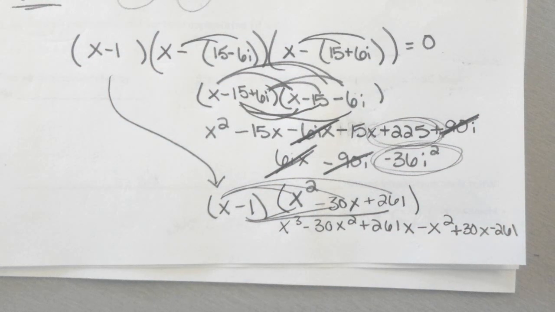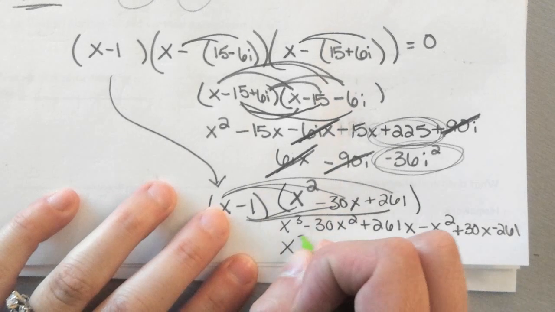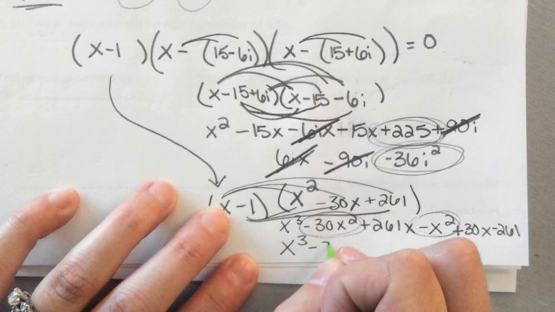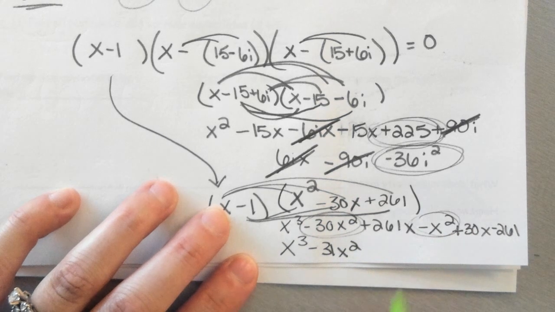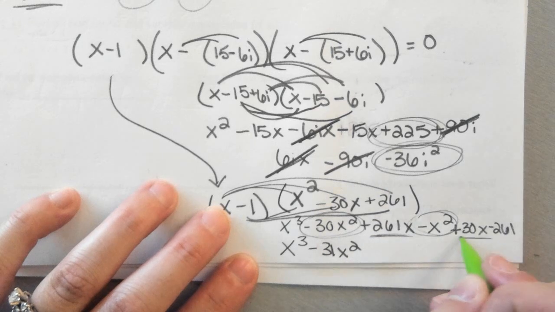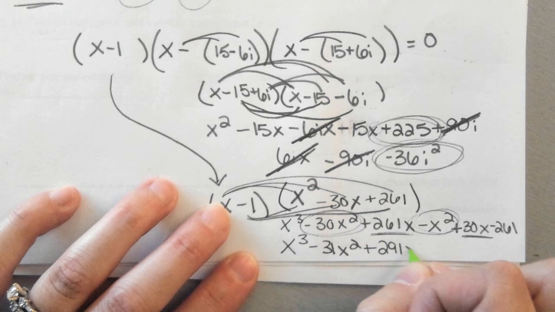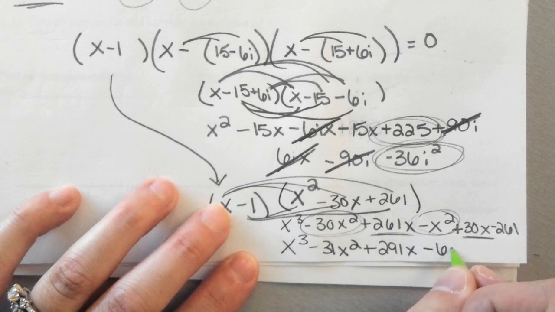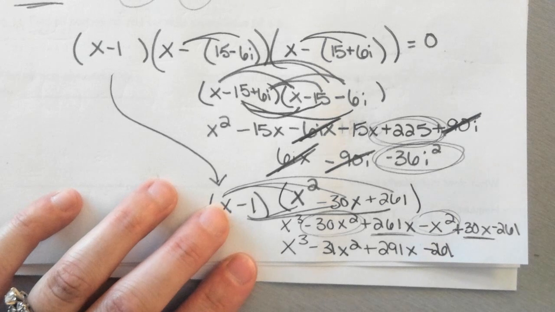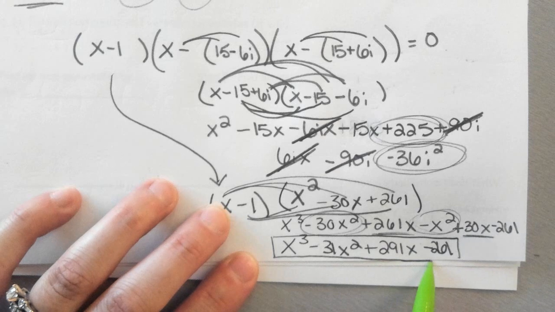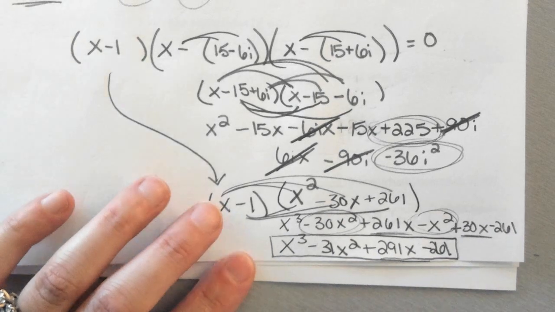Do I have some like terms I can combine? Yes. Okay, so x cubed doesn't have any buddies, that's fine. Negative 30x squared and negative 1x squared gives negative 31x squared. 261x and 30x gives 291x, and then minus 261.